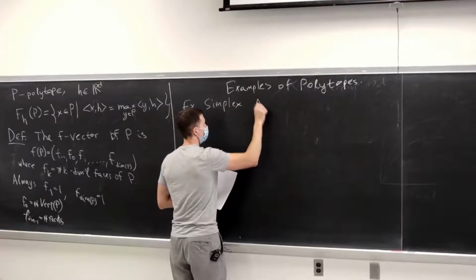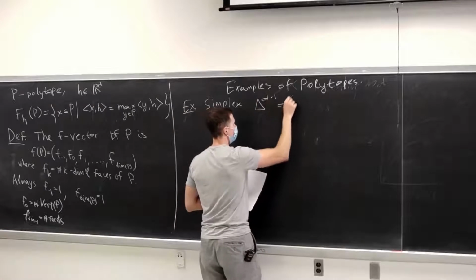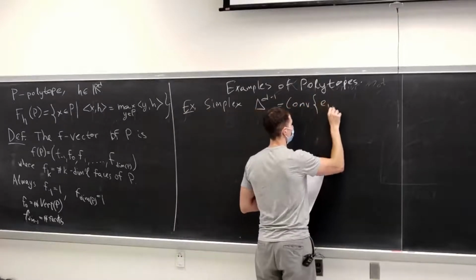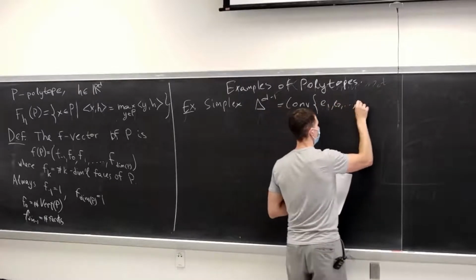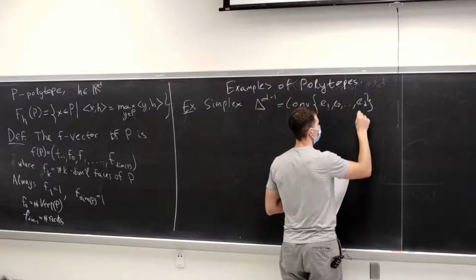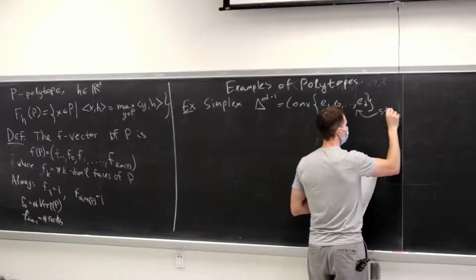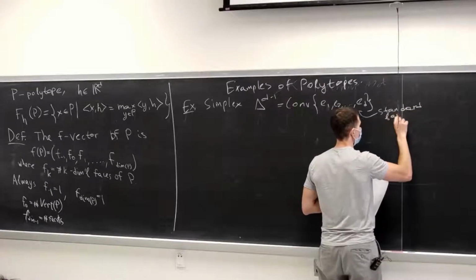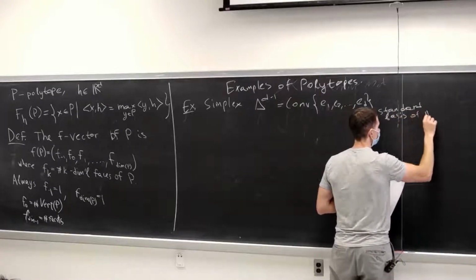The simplex Delta_{d-1} is the convex hull of the standard basis vectors in R^d.